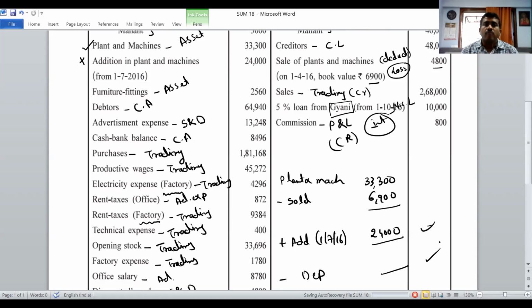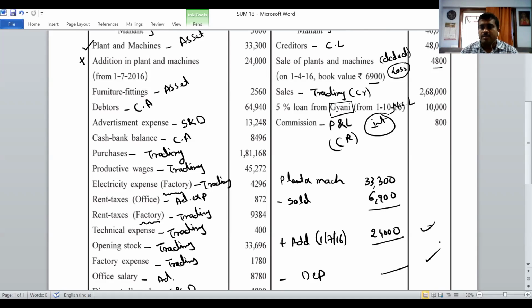Okay, so now the topic comes: furniture and fittings. Go to non-current asset, write down furniture and fittings 2560. Debtors, where we have to write debtors, current asset: 64940.